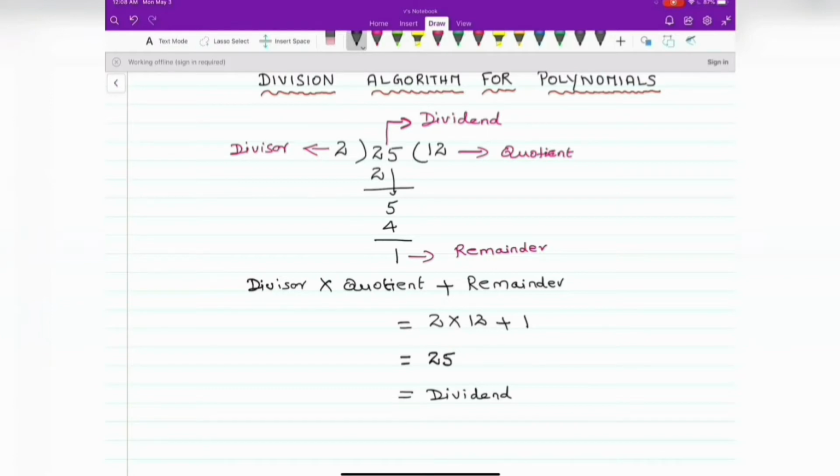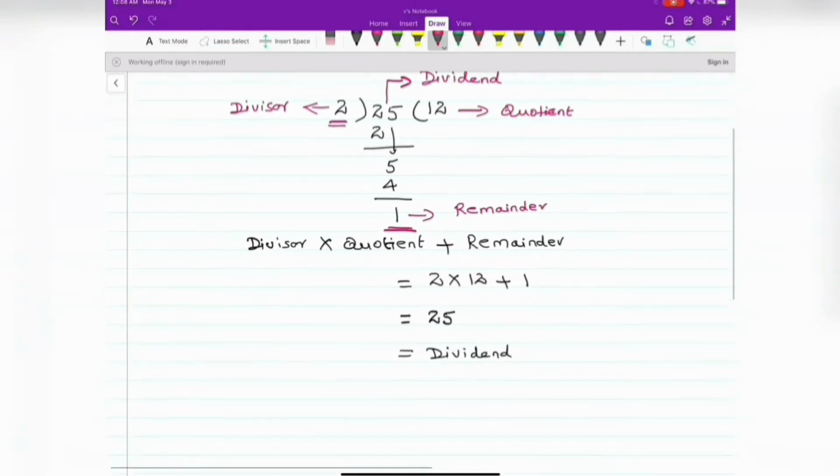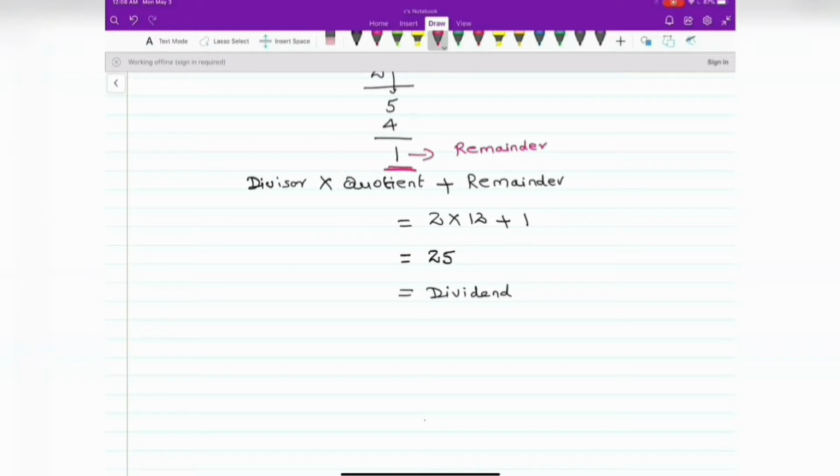You know that this is called the Euclid's division lemma. Normally we stop the division process when the remainder is either 0 or when it is lesser than the divisor. This is the usual procedure. And we call this as Euclid's division lemma.